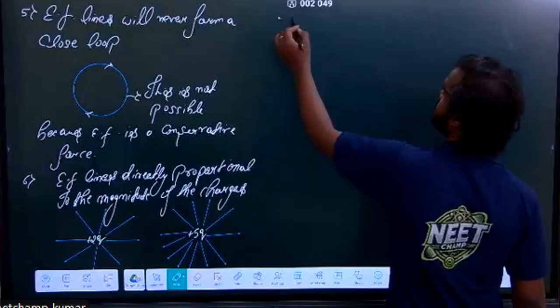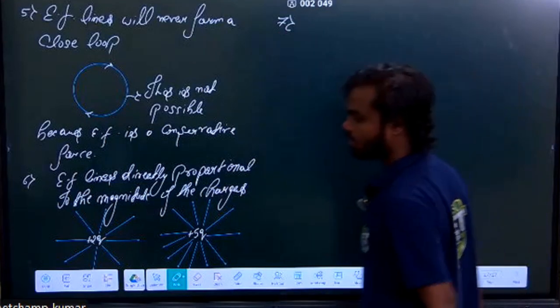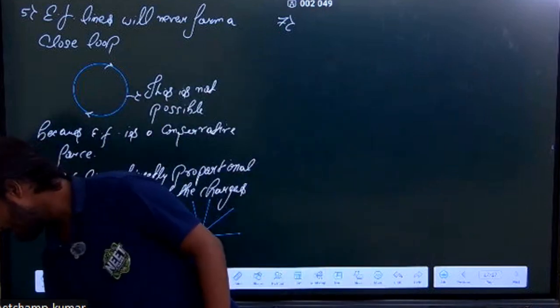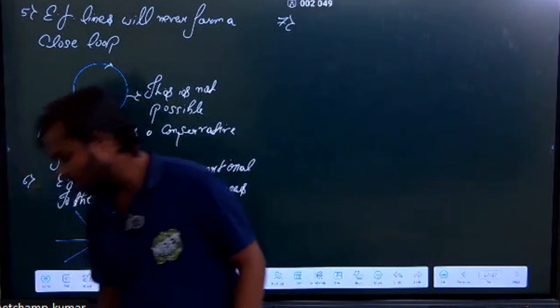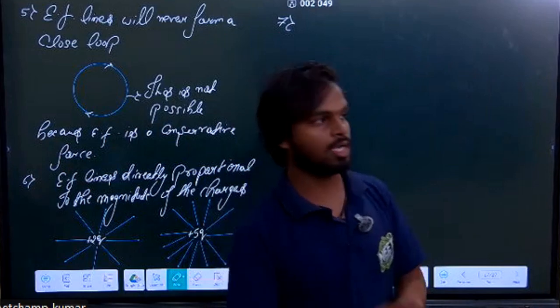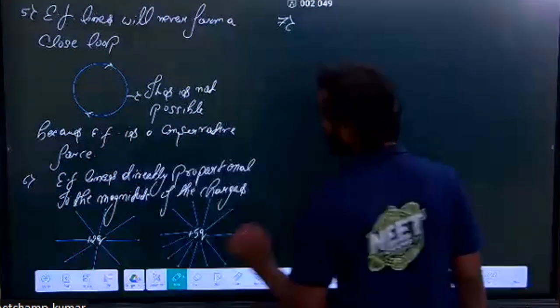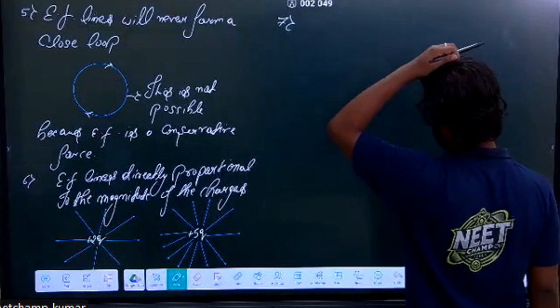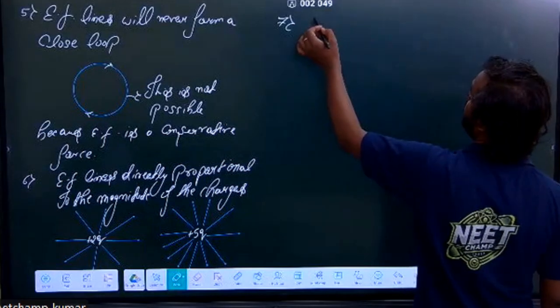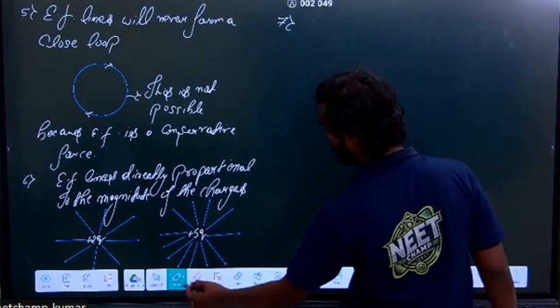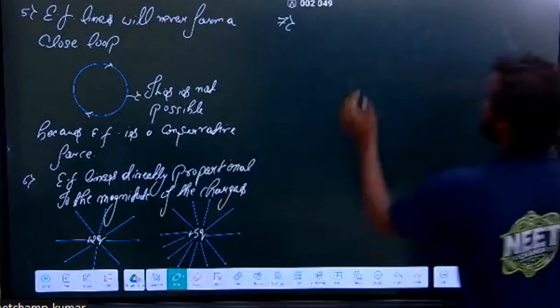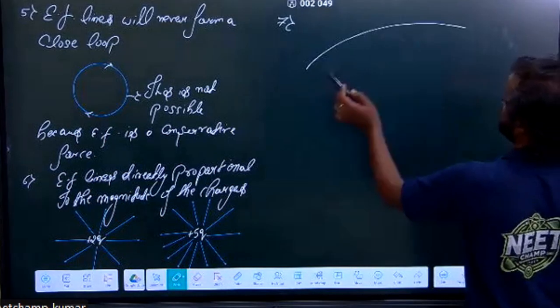now the seventh property. Suppose I have an electric field line like this.